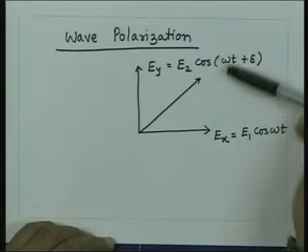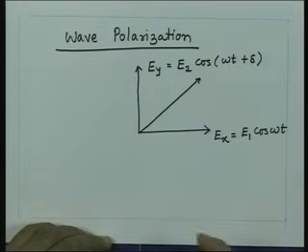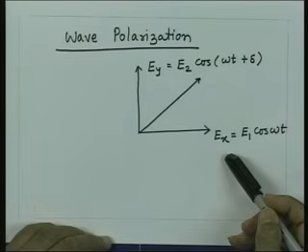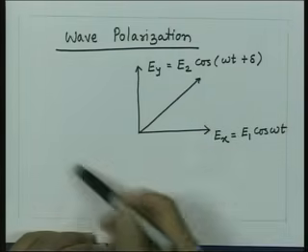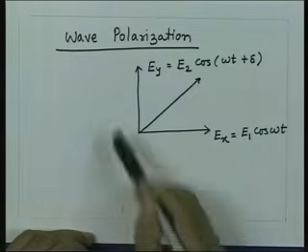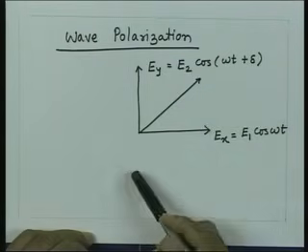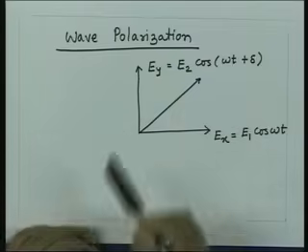So, if I have to find the locus of the tip of the electric field, essentially we eliminate the time parameter, and from here we get the locus of the tip of the electric field vector. That gives me the equation of the curve which the tip of the electric field vector would draw.